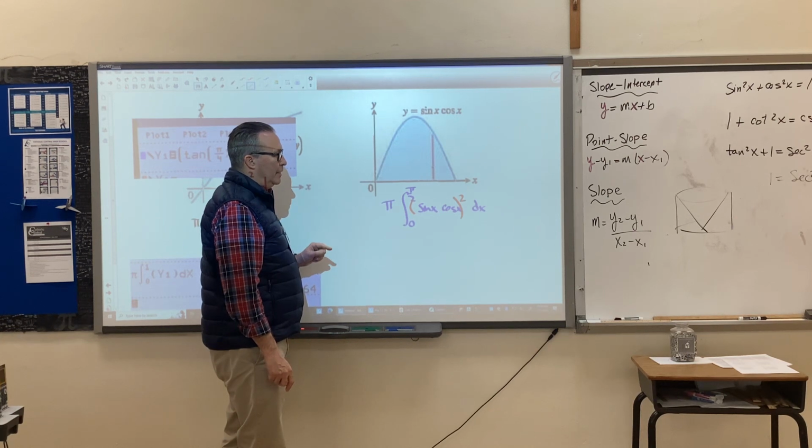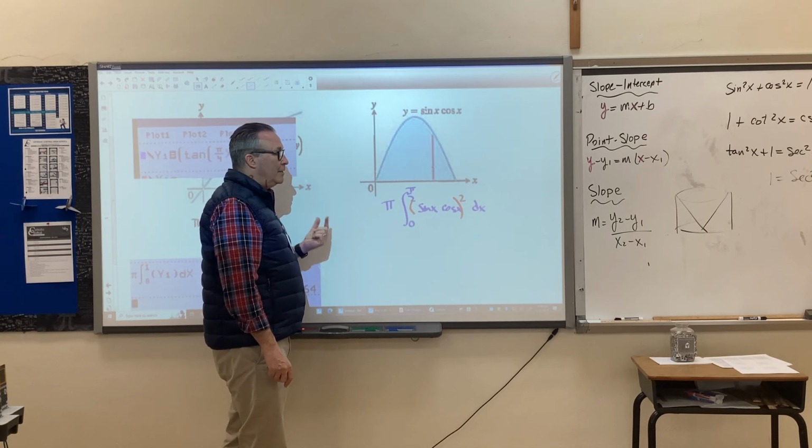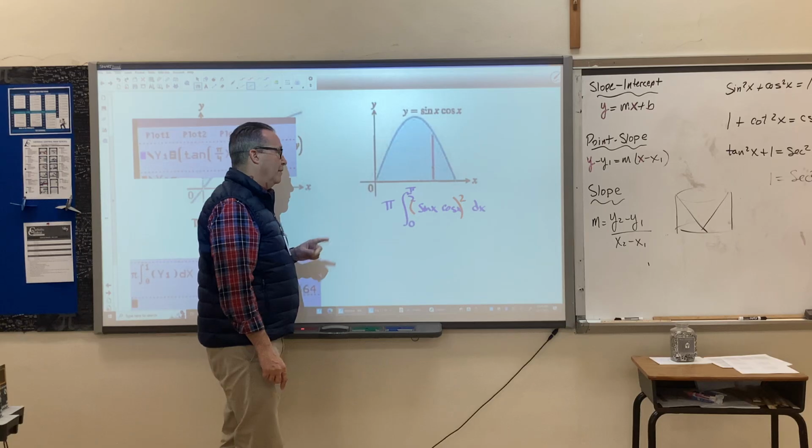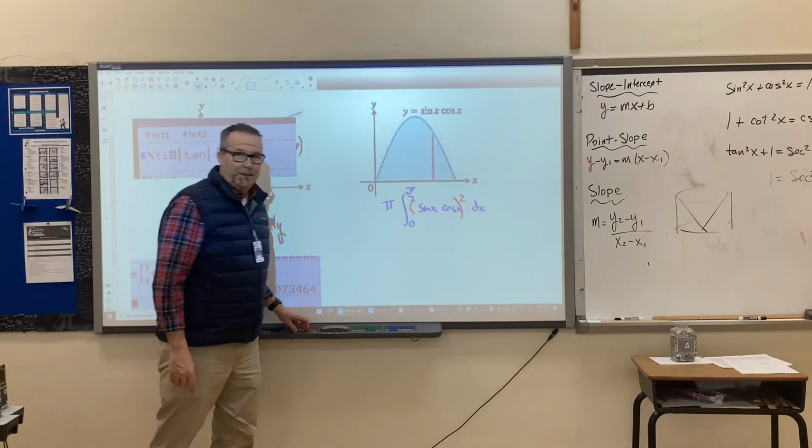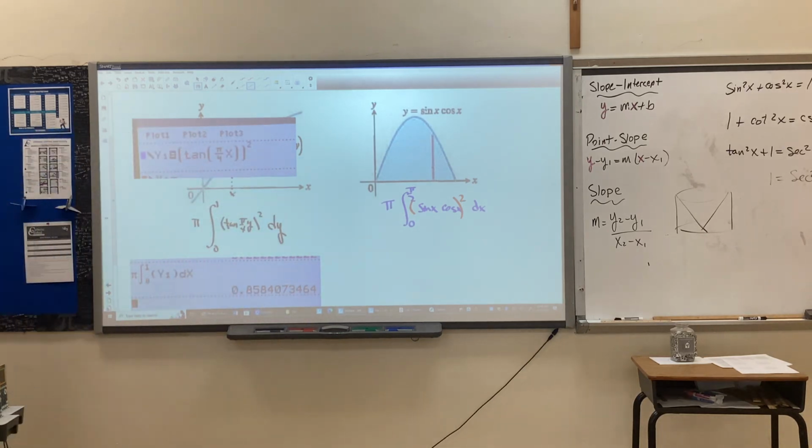Change cosine in terms of just sine. So I have to save one cosine, turn the other cosine, and you can't do it. I don't know. We don't know how to do this. My bad. I was so excited we could integrate sine and cosine with u substitution that I forgot the square. Okay, so let's do that.